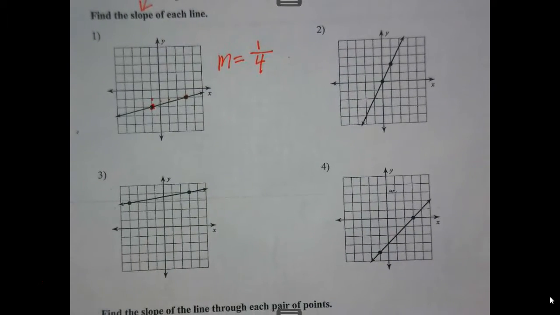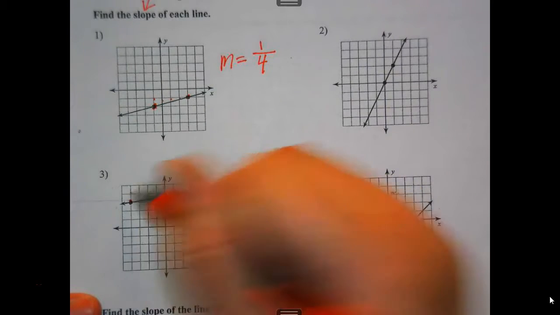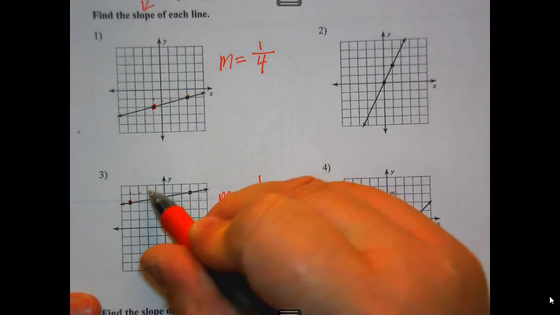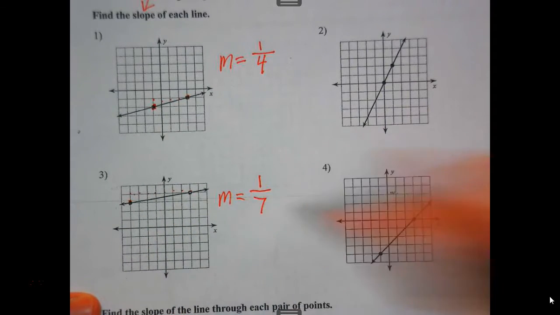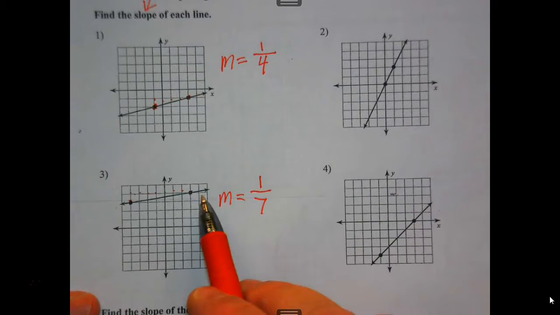Number 3, to get from one point to the other, I'm going to go up 1, and then to the right, 1, 2, 3, 4, 5, 6, 7. Now, would it make a difference if I went the other way?